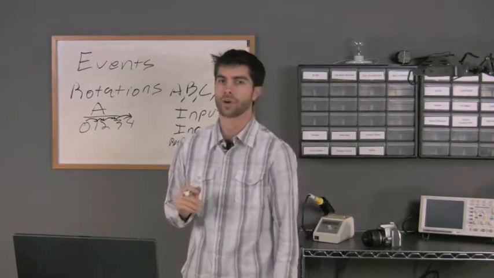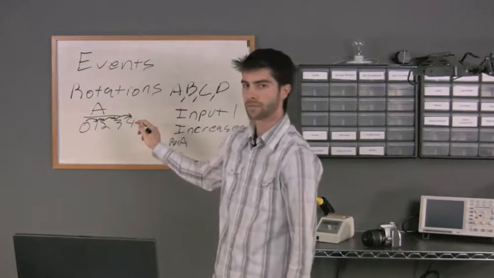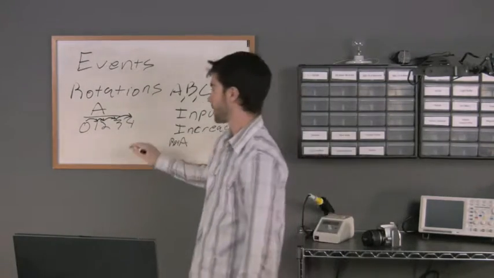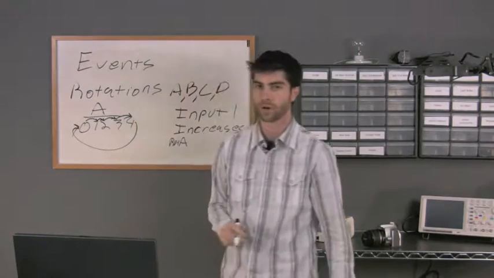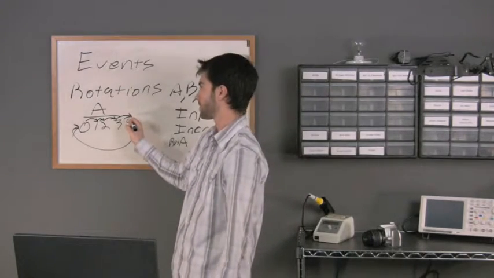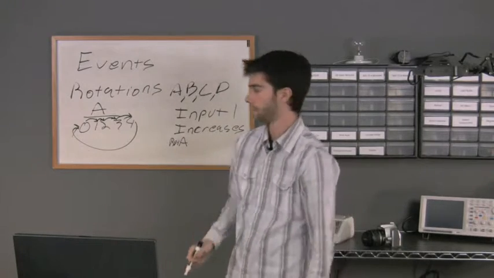Now, one thing you need to know about a rotation is if I'm on 4, the 4th count, the final count of the rotation, and I say increase the rotation, it's going to recycle back to 0. Automatically, by default, that's how it's set up. If you increase past the upper limit of a rotation, it's going to recycle.